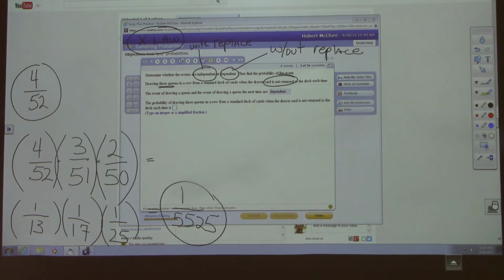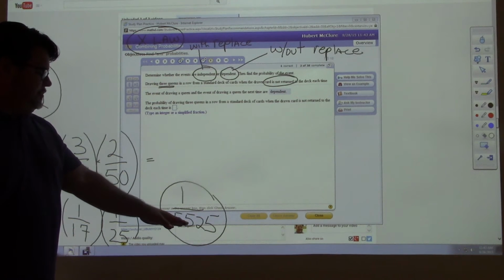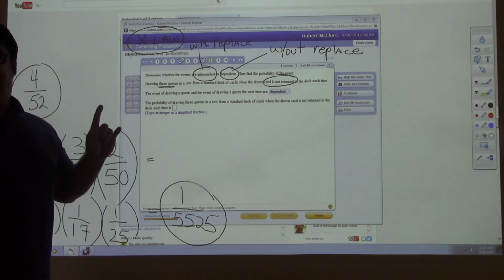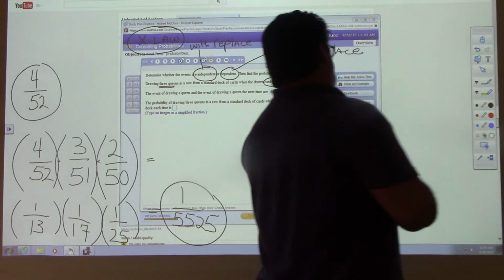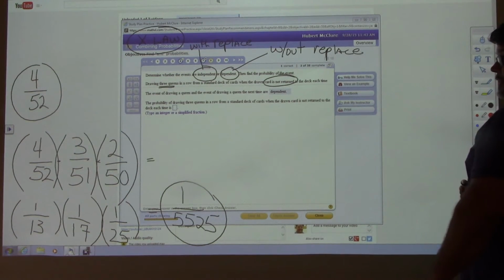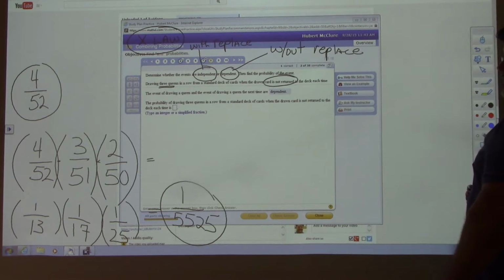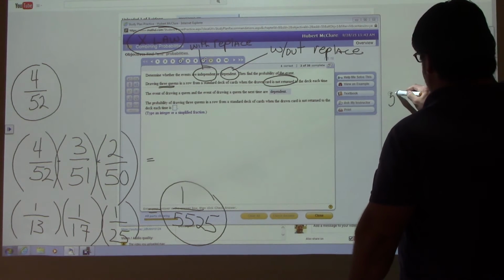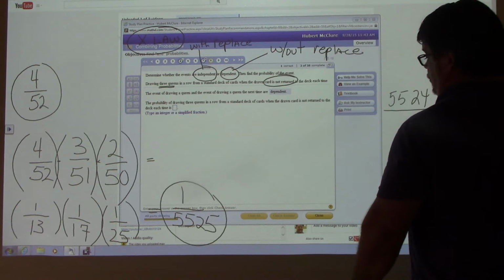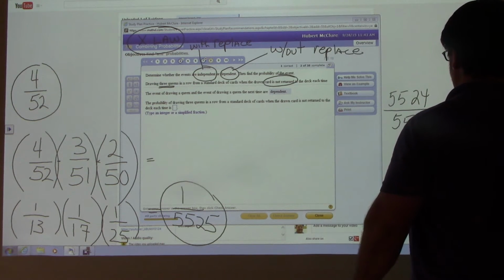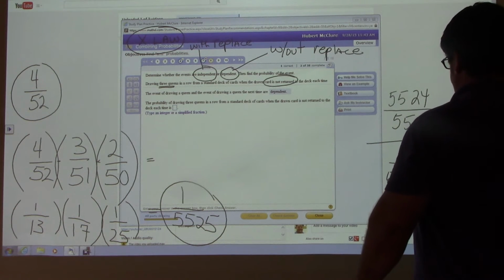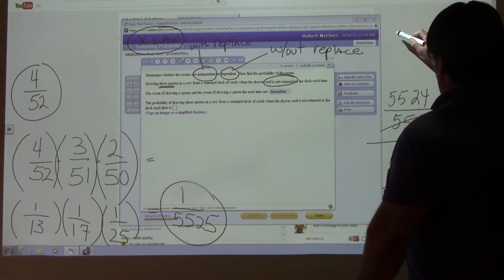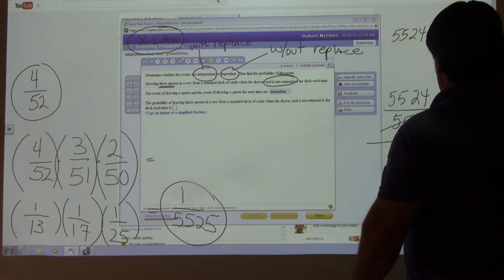Now, let's figure out the odds against. You know that 1 out of 5,525 is winning, right? That's success, right? So what's failure? Not winning: 5,524 over 5,525. 5,524 over 5,525 over 1 over 5,525, and the 5,525s cancel. 5,524 to 1.